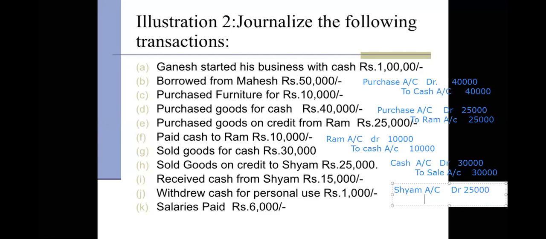So Sham is the receiver of your goods. So you will be writing Sham. तो आप शाम का नाम लिखोगे डेबिट साइड में, एंड किस बेसिस पे दिया उसको, आपने उसको गुड्स सेल की, टू सेल आउट. Okay, is it fine? This transaction is okay. This is how you will be writing up.